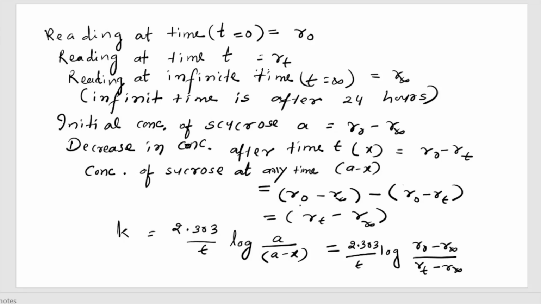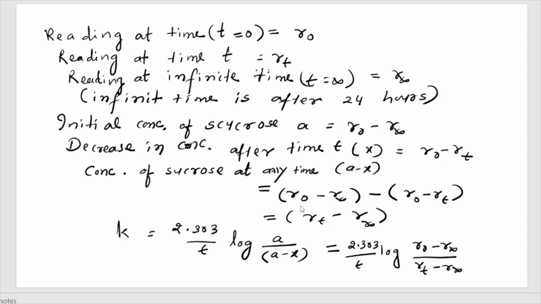So what is the reading at infinite time? If the reaction occurs for 24 hours or more than 24 hours, then only will you observe the infinite reading. Infinite reading means time equal to infinity, so the rotation we write as R infinity.